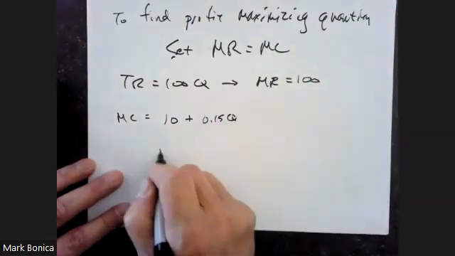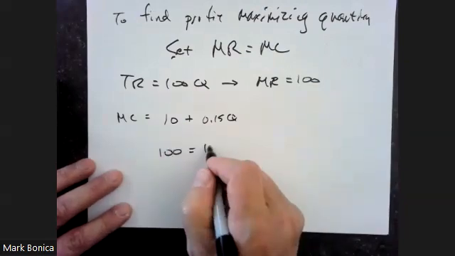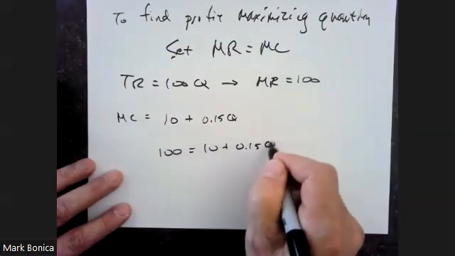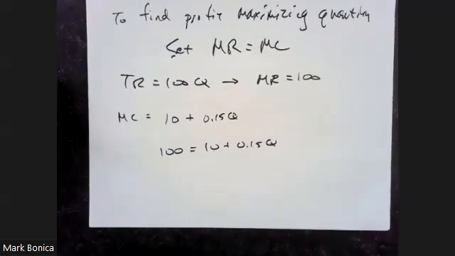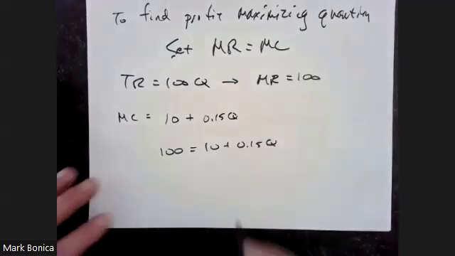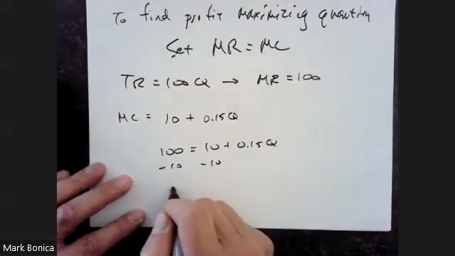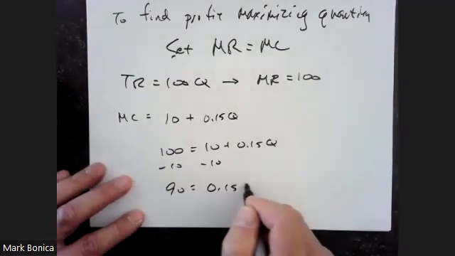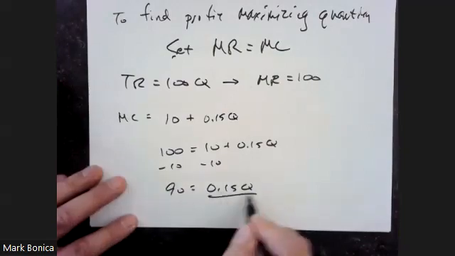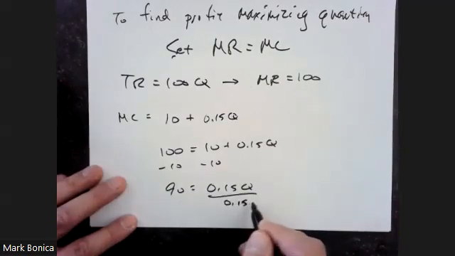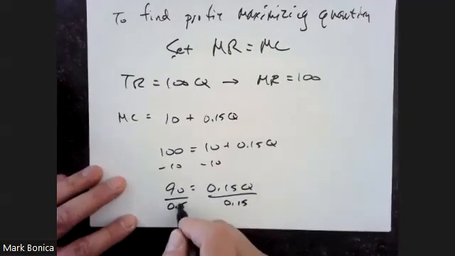Well, if the marginal revenue is 100 and the marginal cost is 10 plus 0.15Q, now we can get our answer. I'm going to subtract 10 from both sides. 90 equals 0.15Q. Then I'm going to divide through by 0.15 and 0.15.